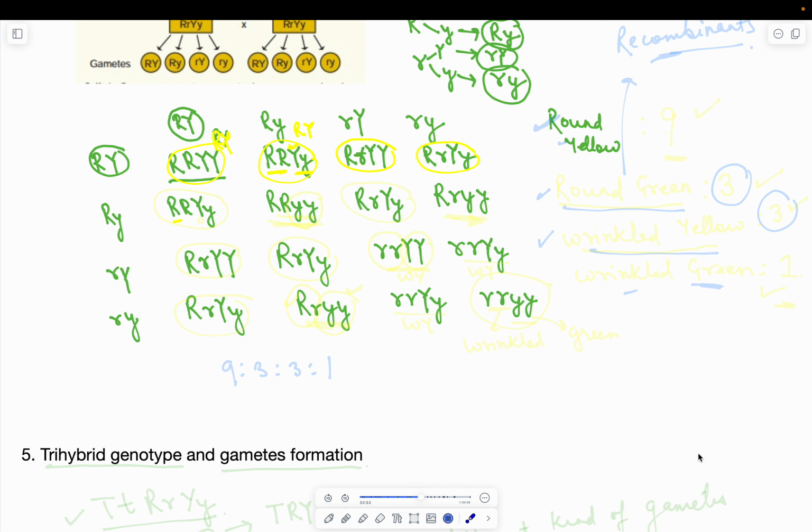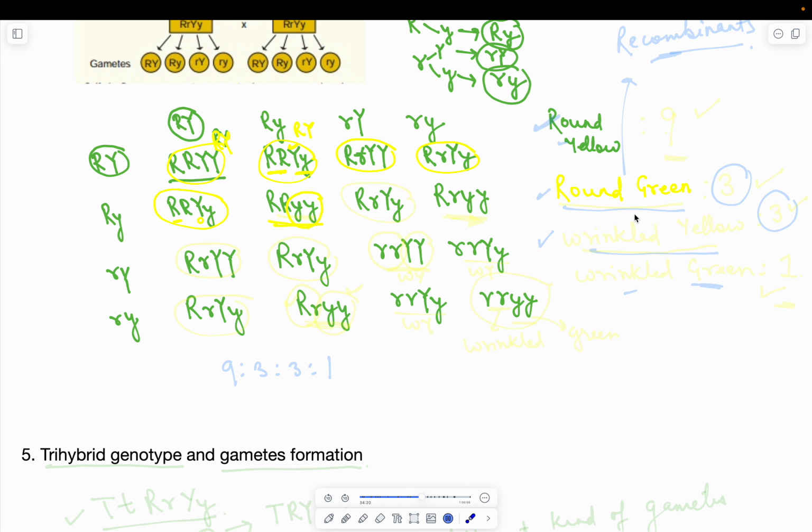Again, it has a dominant allele for color as well, so it will be round yellow. This, just look at this. This will be round, but it doesn't have any dominant allele for the color, so it will be green. The color of the seed will be green, right?